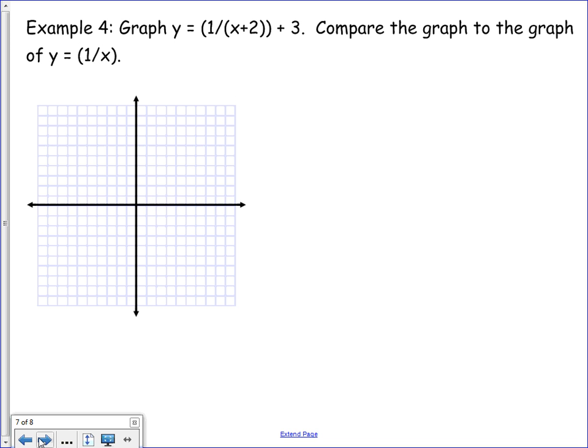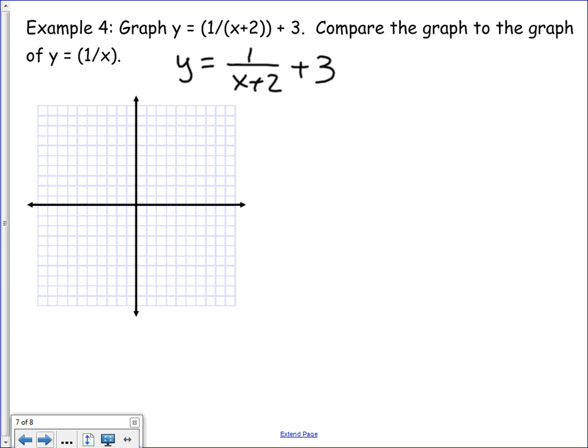Now we have example 4, sort of putting it all together. Okay. Again, I'm going to rewrite this equation vertically. So now we're going to graph that, and then we're going to compare the graph to the graph of y equals 1 over x. The first thing we want to do is find what the asymptotes are.